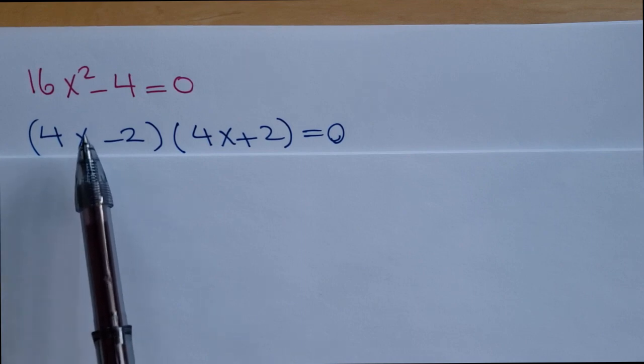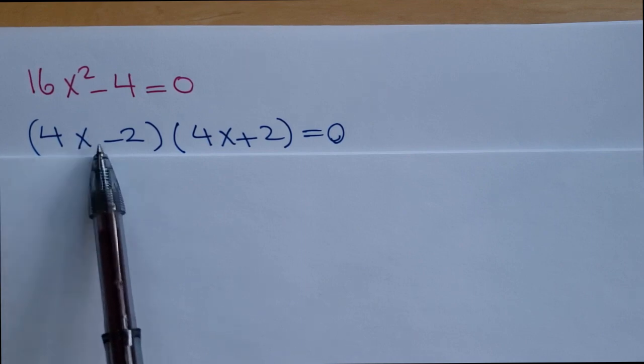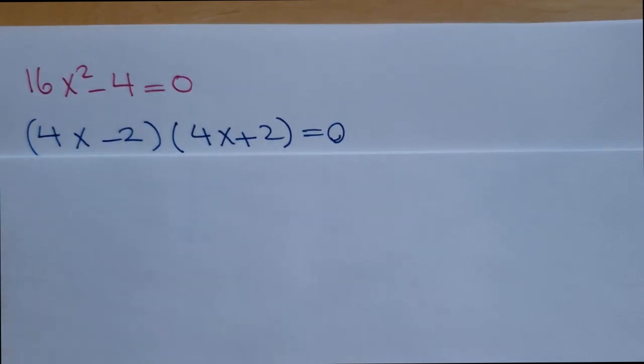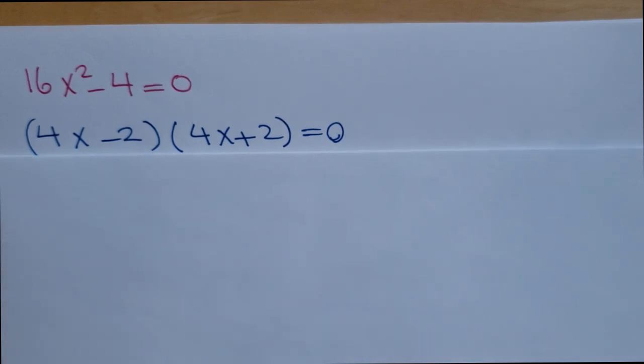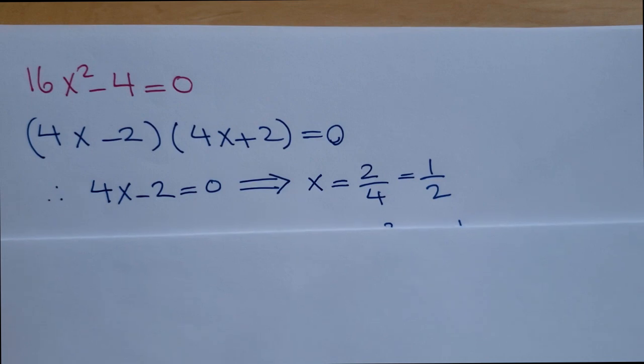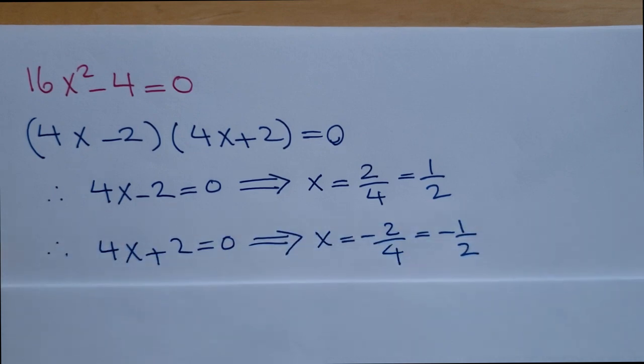And then remember, A times B equals 0. So that means either A is 0 or B is 0. In that case, if the first bracket is equal to 0, the answer would turn out to be 1 over 2 after simplification. And if the second bracket is 0, the answer happens to be -1 over 2 after simplification.